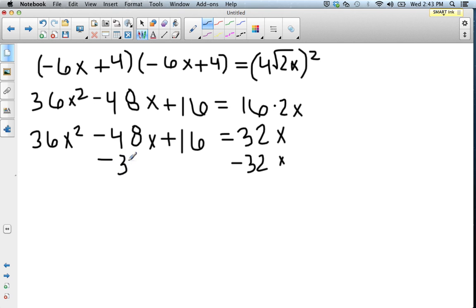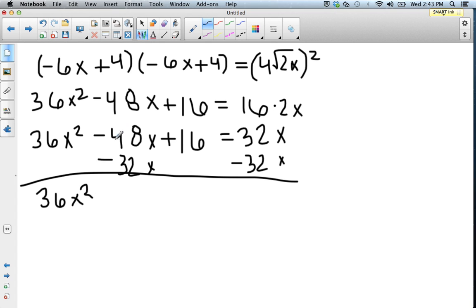Got some big numbers here. 36x squared, and this will be 80, so minus 80x plus 16 equals 0.